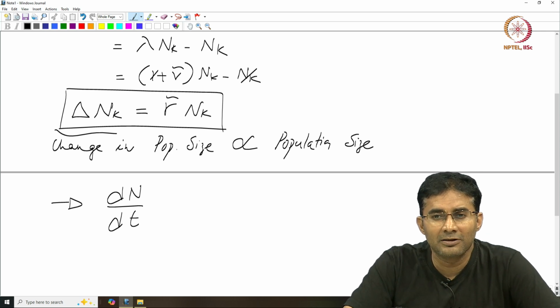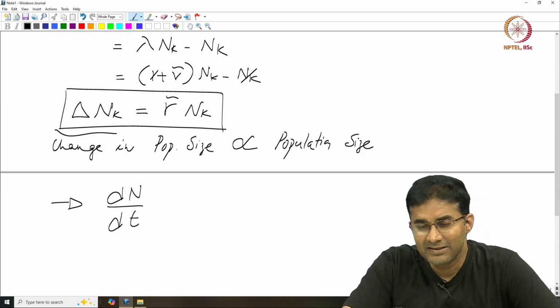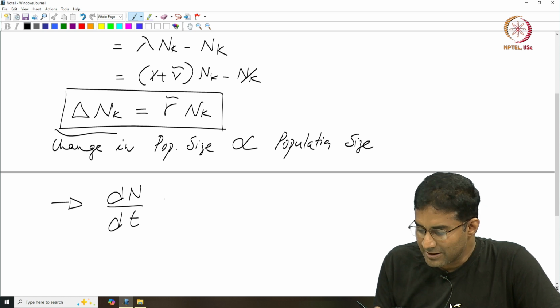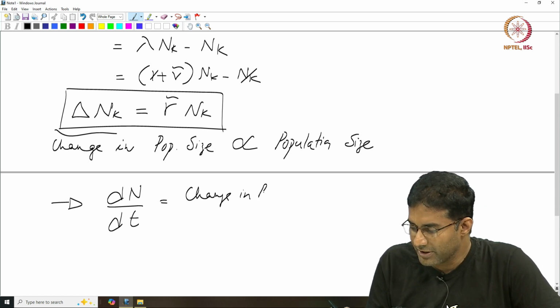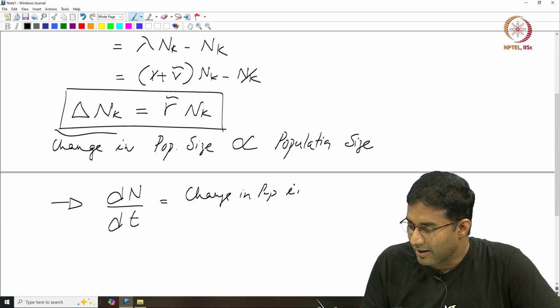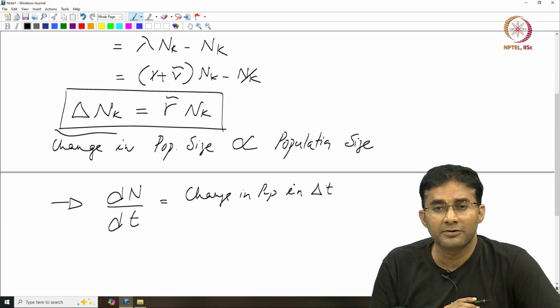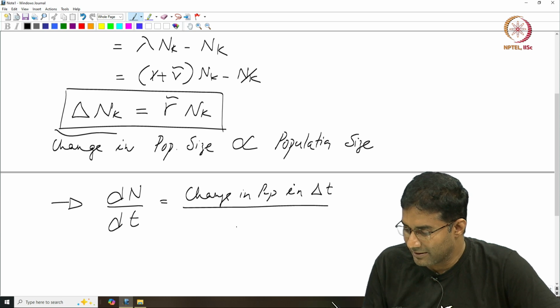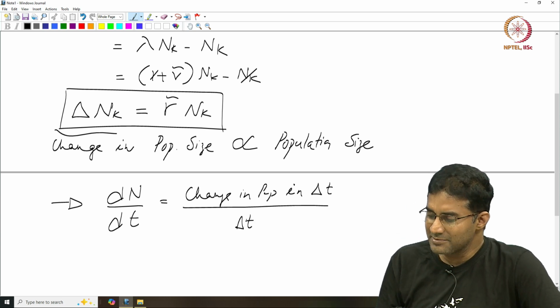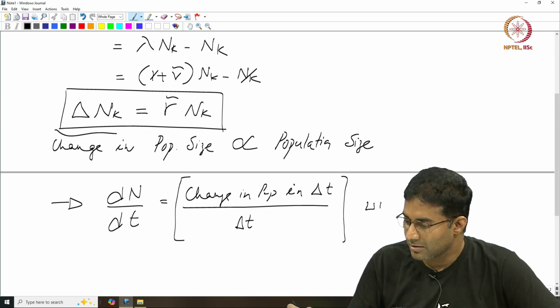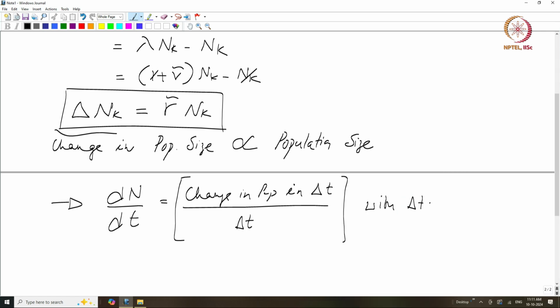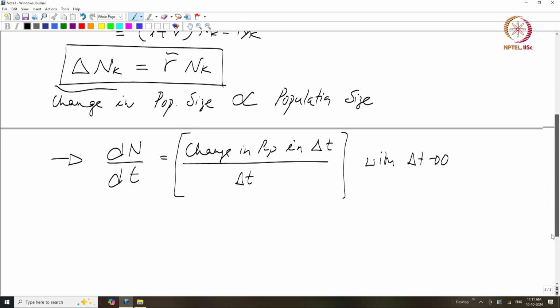If we go back to a little bit of calculus that we have learned, it basically tells us the change in population in an extremely small interval delta t divided by delta t, under the assumption that this delta t is really tiny. Okay. So, this is the interpretation of this expression dn by dt, the rate of change of populations.